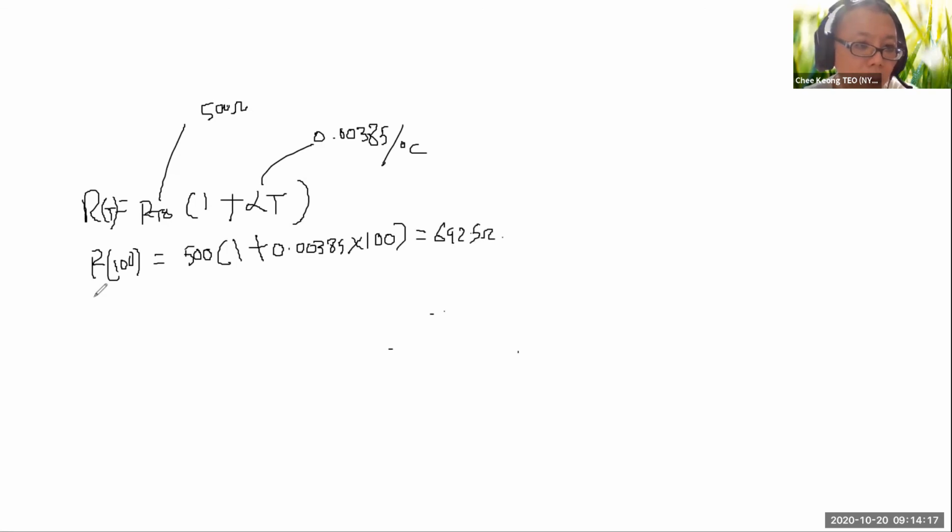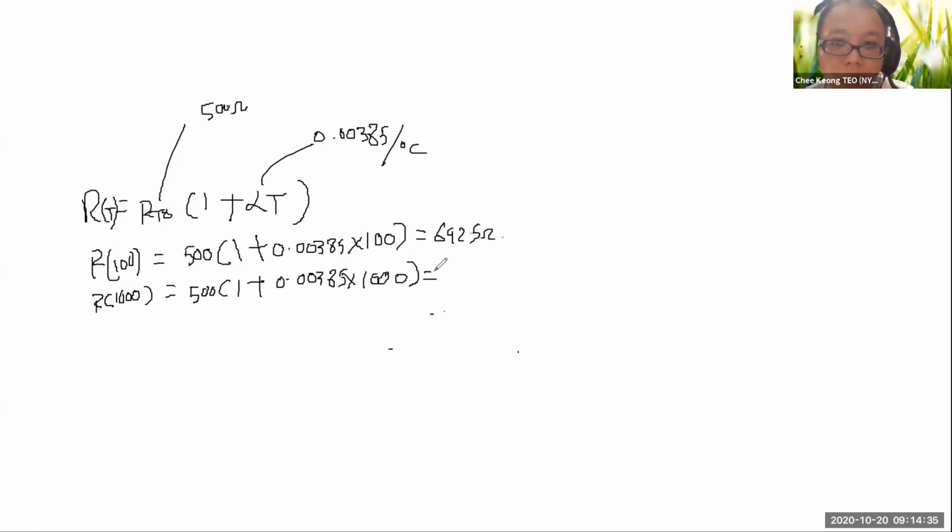Now how about R when T equals 1000? Same formula, 500 times 1 plus 0.00385 times 1000 instead of 100. Here you get about 2425 ohms. So this is for part A, question 3.